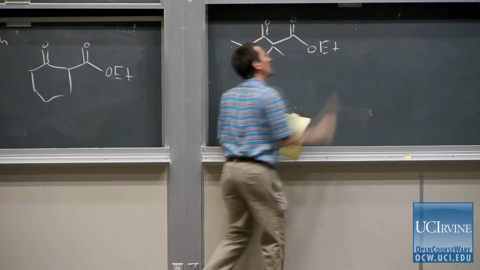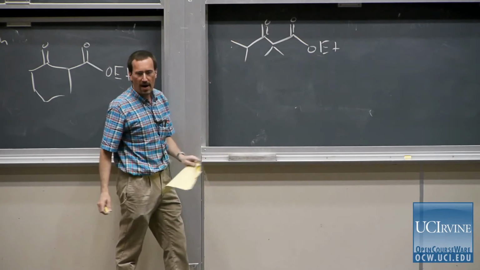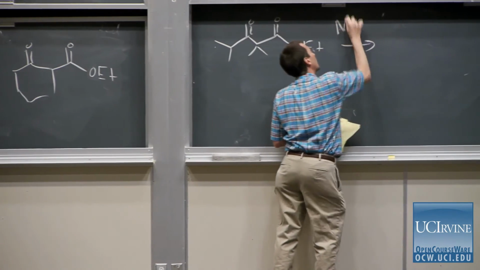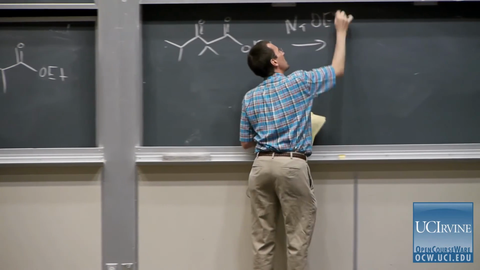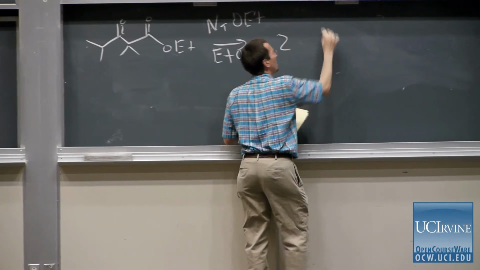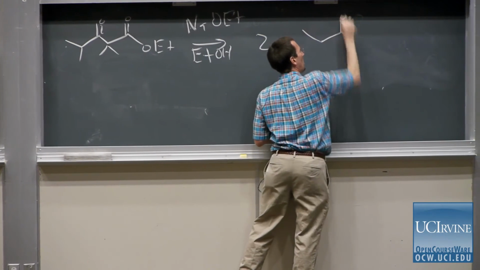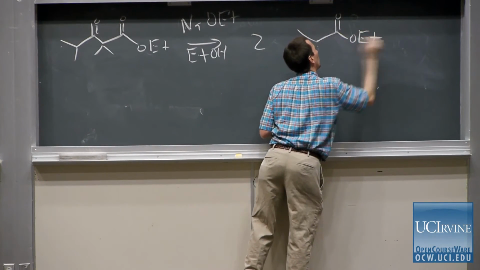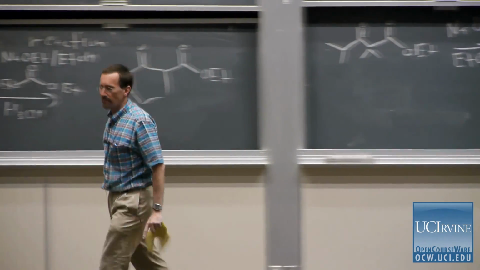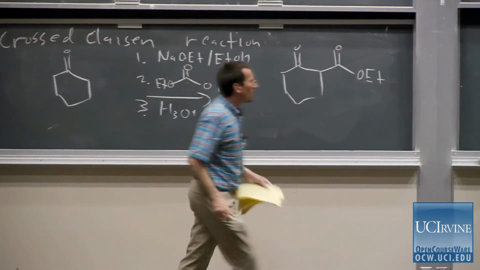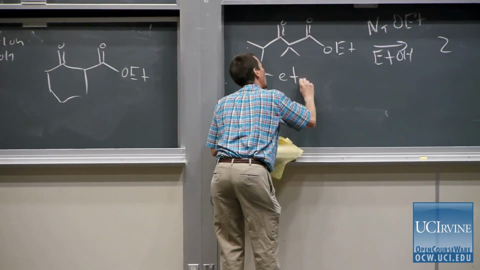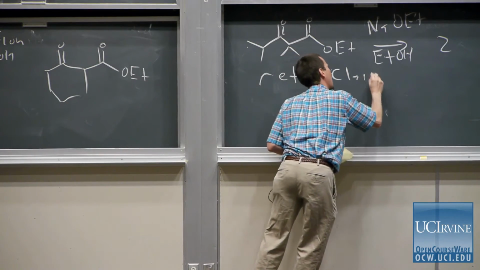In other words, if I take this hypothetical product and I somehow manage to make it, and there are other ways to make it, and I treat it with sodium ethoxide in ethanol, we end up breaking this product apart to 2 molecules of ethyl isobutyrate. It's the reverse of a Claisen reaction, and we call it the retro Claisen reaction.